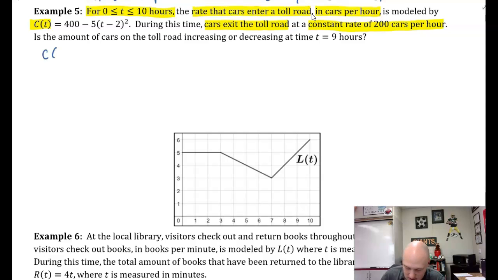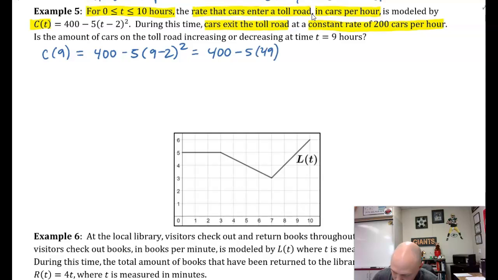So what I want to do is I'm going to evaluate, okay, how many cars are entering this toll plaza at 9 hours? So that's going to be 400 minus 5 times 9 minus 2 squared. So we have 400 minus 5 times 49, which gives us, what is that? That's 5 less than 250, 245. 400 minus 245.